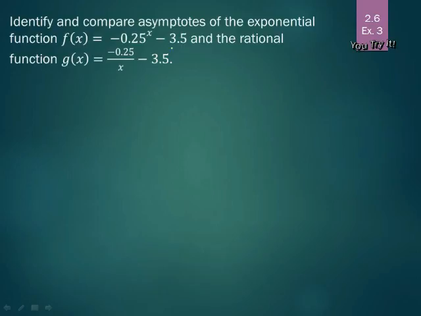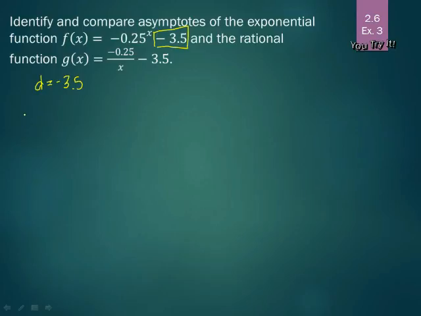function, and so we can know the horizontal asymptote by looking at our d value, which in this case is the number behind the base and exponent. And so our d value here is negative 3.5. That tells us that it's always a horizontal asymptote with our exponential functions.